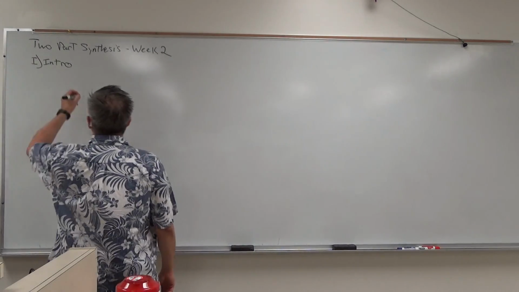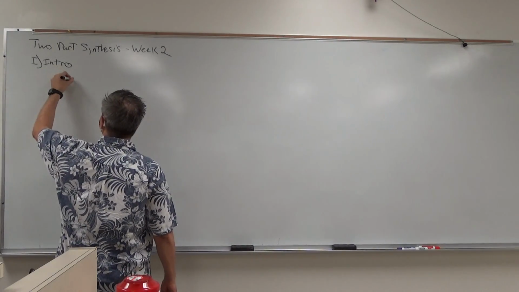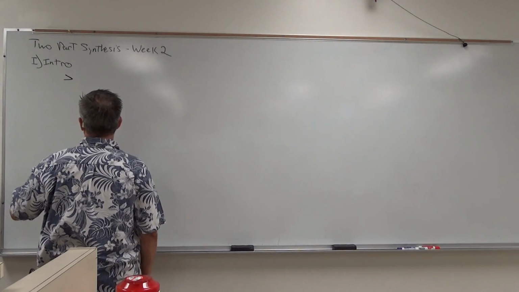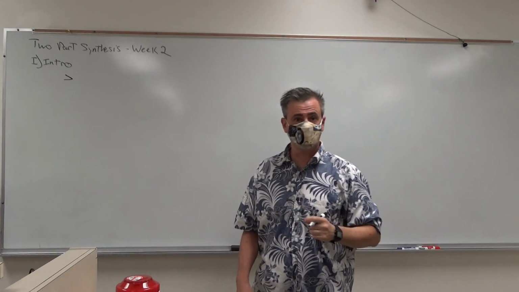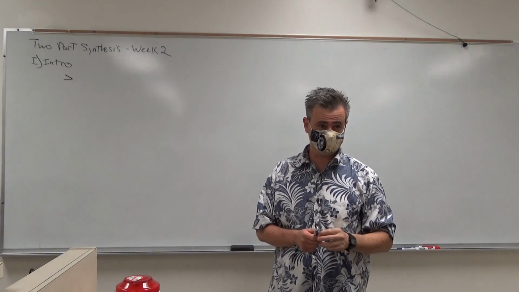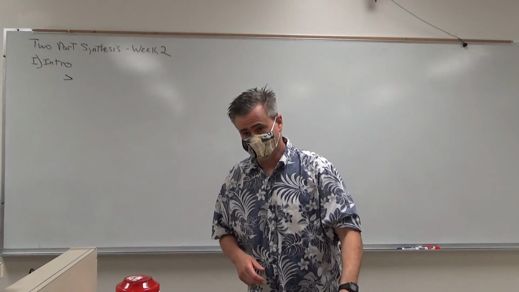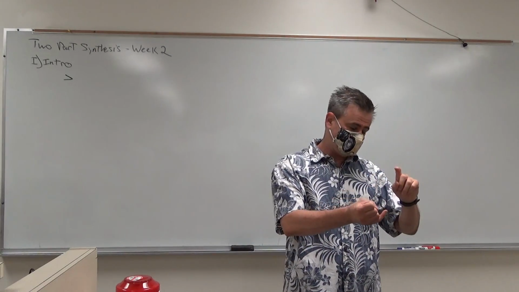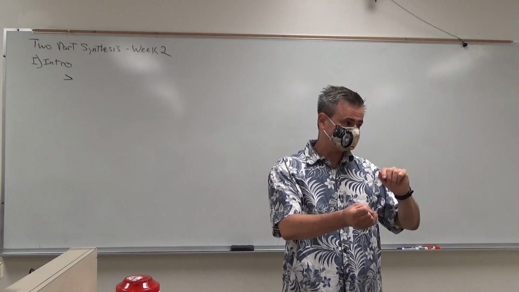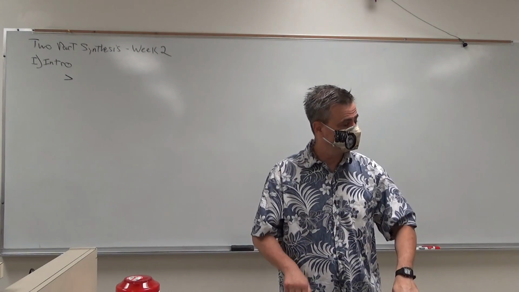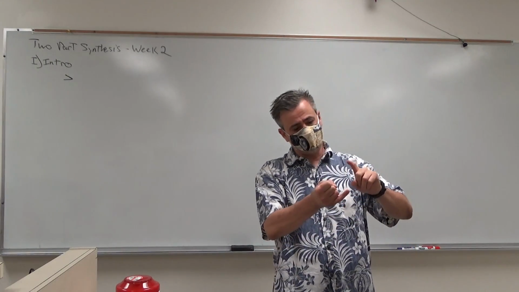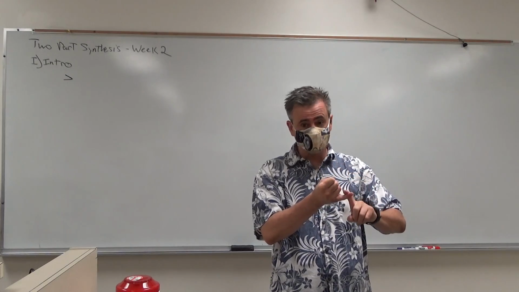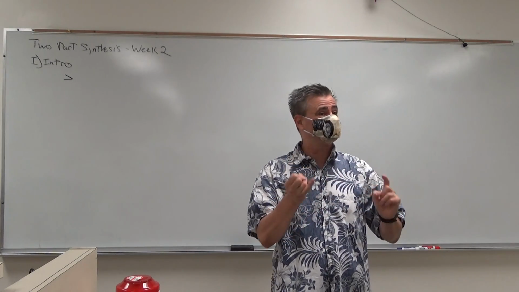Now, one thing about an E2 elimination is it wants to go through something called periplanar geometry. The leaving group and the proton want to be in the same plane.